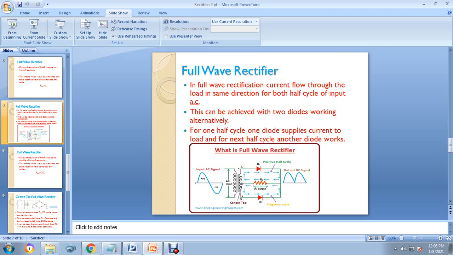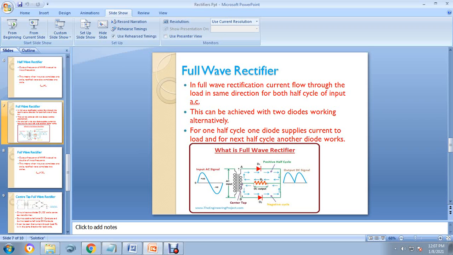As well as that, the PIV rating of the diode is higher, so the diodes are larger in size and costlier. This center tap transformer is also costly as compared to the half wave rectifier.